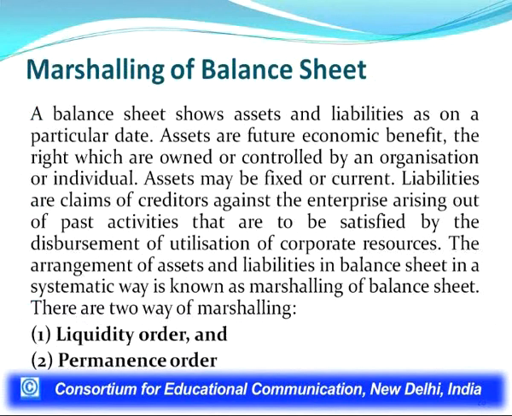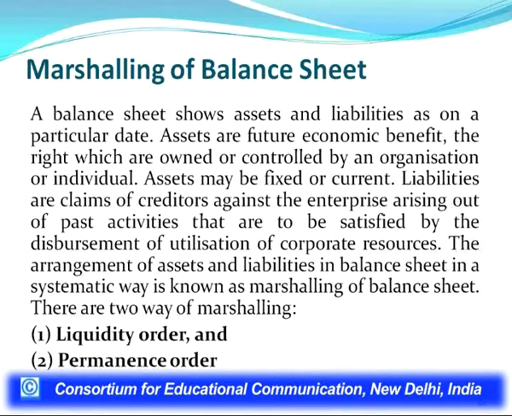Now, we will talk of marshalling of balance sheet or marshalling of assets and liabilities. When we prepare a balance sheet, we prepare it in a particular order. So, showing the assets and liabilities in a particular order is called marshalling of balance sheet or marshalling of assets and liabilities.